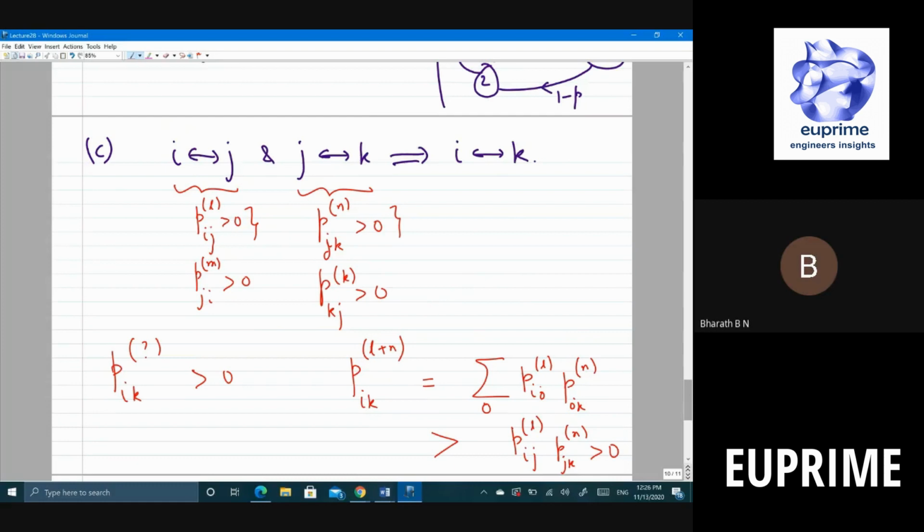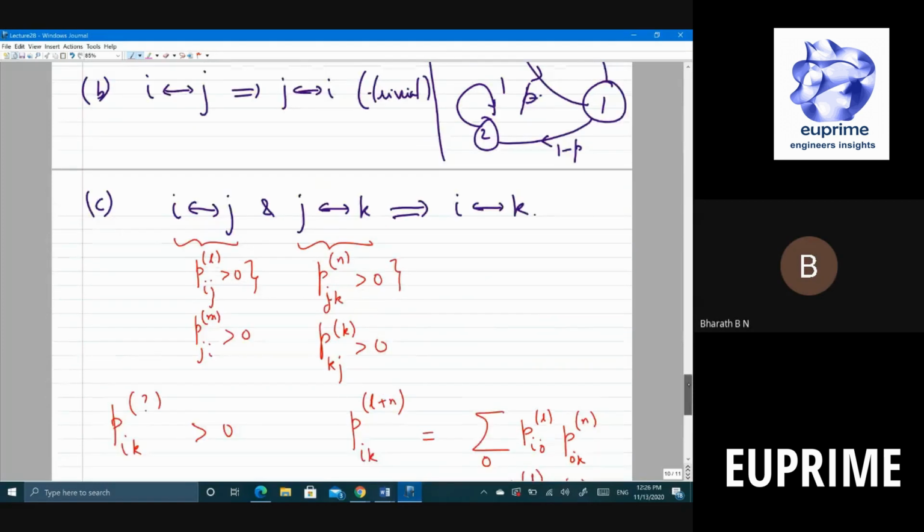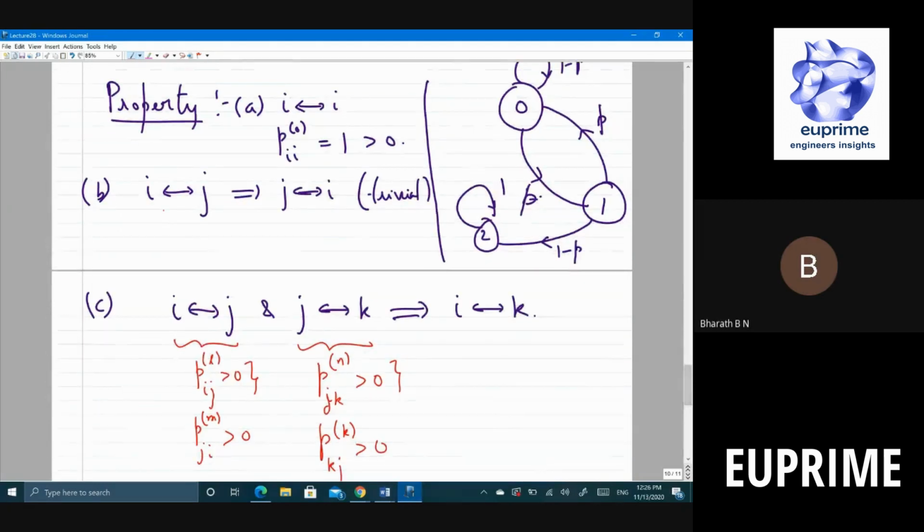So, Sumit, can you tell me what can you infer from this? i communicates with j, and j communicates with i. i communicates with j, and j communicates with k implies i communicates with k. What is this called? An equivalence relation, exactly. Those who don't know, this communication notation brings in an equivalence relation among the states.